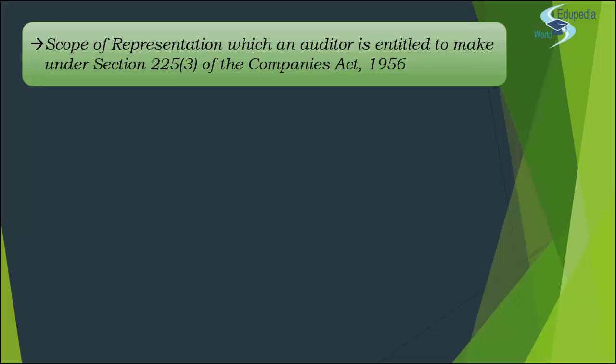Number 1 being scope of representation which an auditor is entitled to make under section 225 subsection 3 of the Companies Act 1956. So what is the scope of representation that we see? Remember friends, when we are into it, we will always mention section 225 subsection 3 of the old Companies Act, right, rather than the new Companies Act.